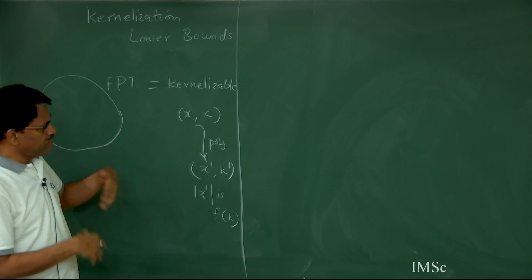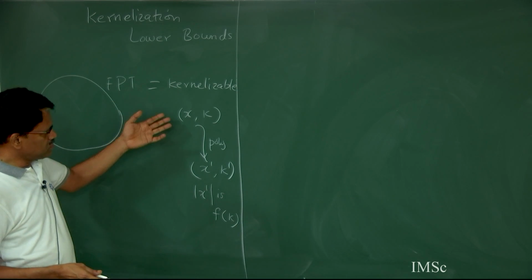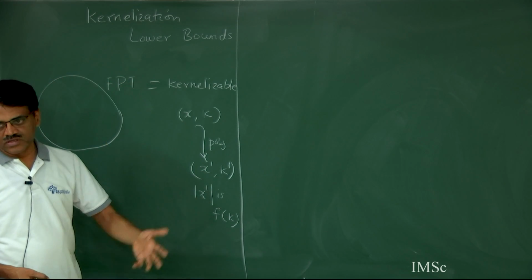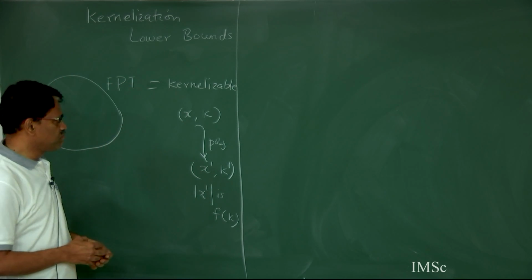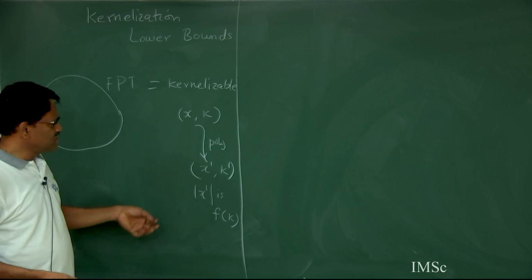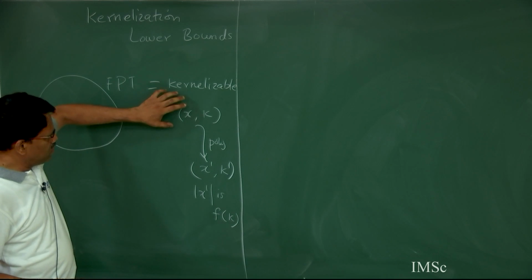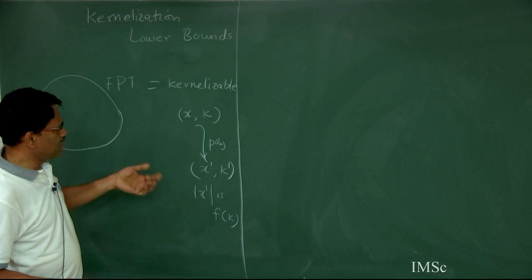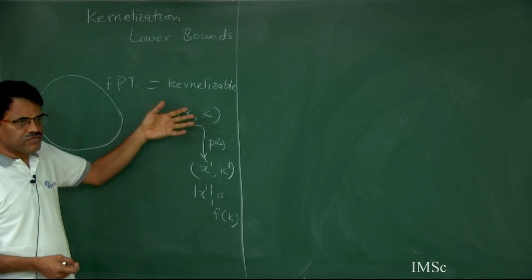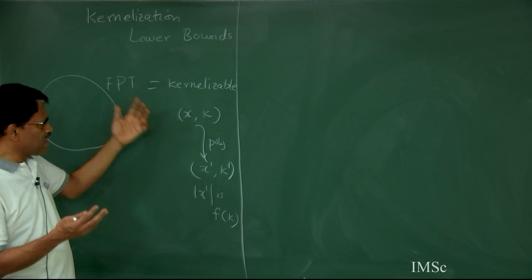So, we saw a lot of problems like vertex cover, feedback vertex set in tournaments, feedback arc set, cluster vertex deletion, a number of problems where given an input and this parameter, you are interested in whether there is a solution of size k, if k is the solution size, but it could be something else.